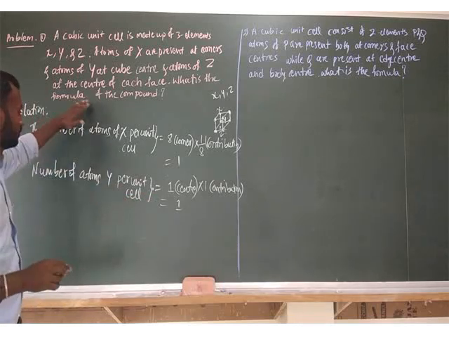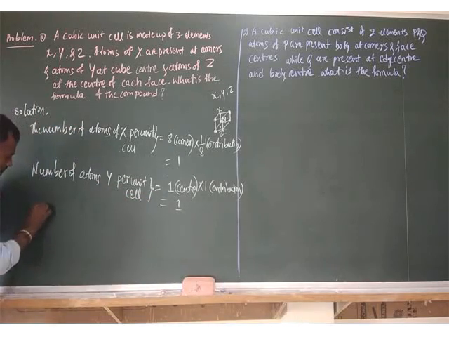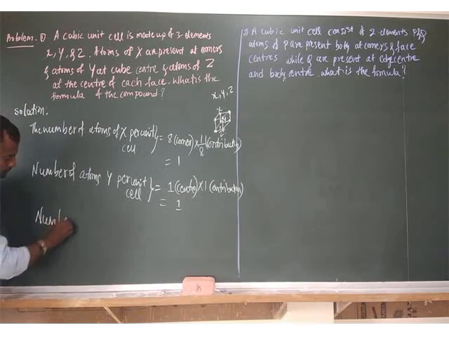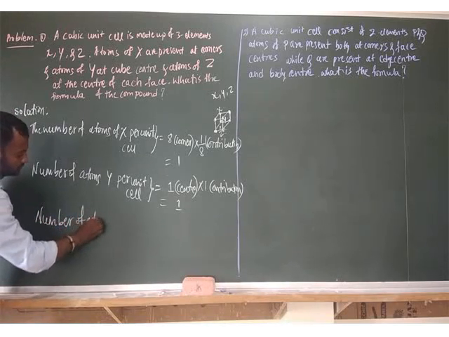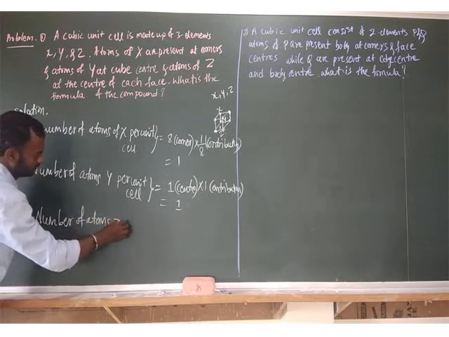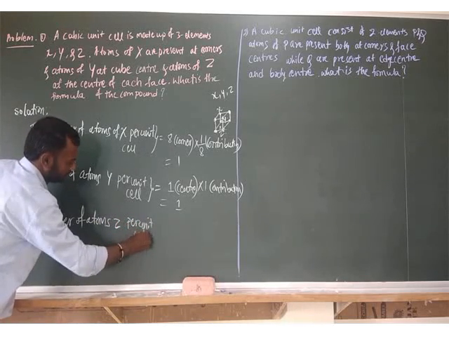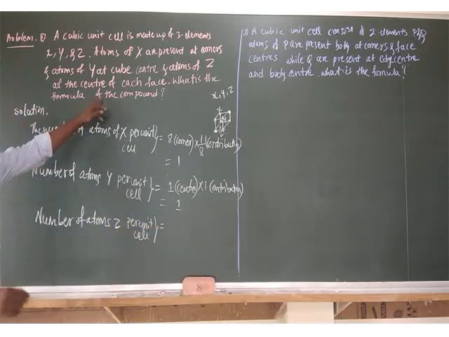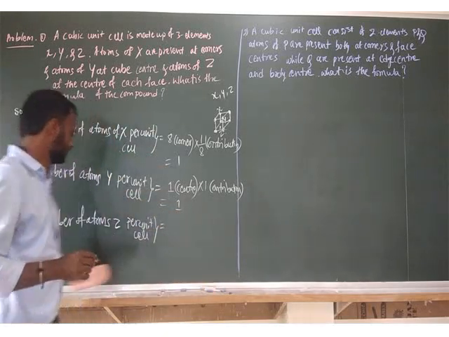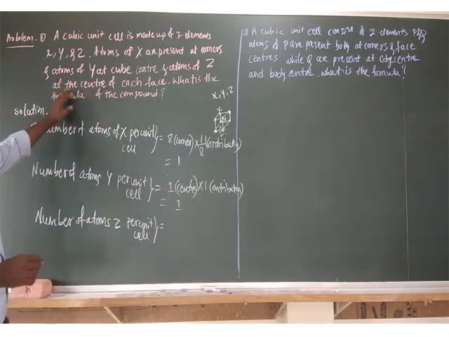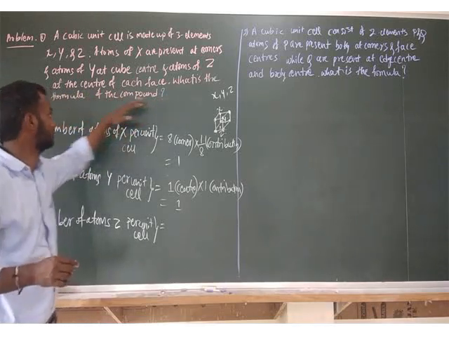Clear? And the third one, number of atoms of Z per unit cell. Z is at the center of each face.